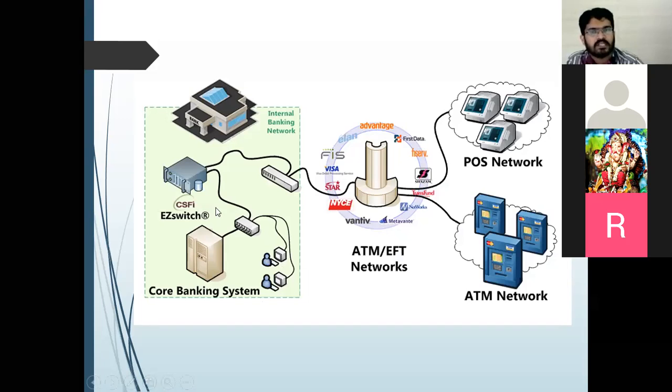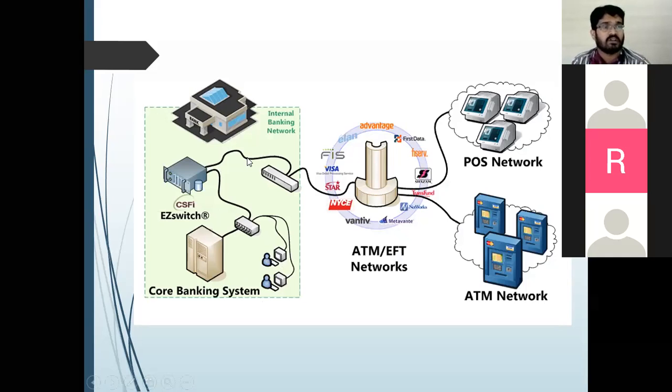All the systems or servers at the branches are connected to a mainframe, which is the main server, and most of the time this server is in the main branch, or in specialized branches where the technology is taken care of. They are interconnected. So when you put any message or transaction in one branch, it goes to the main server and gets stored in the main server.